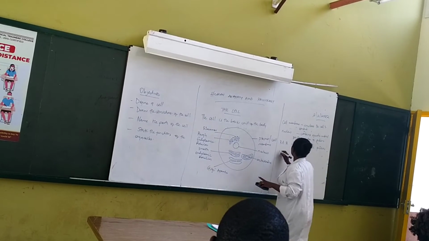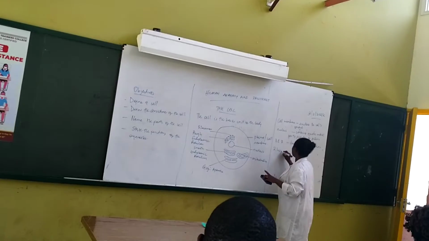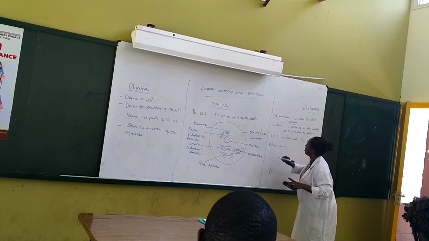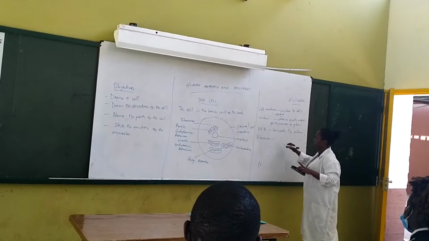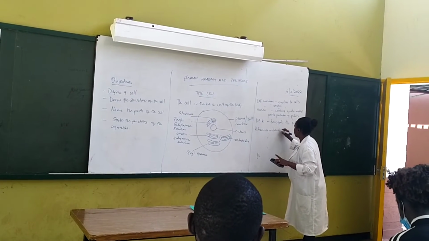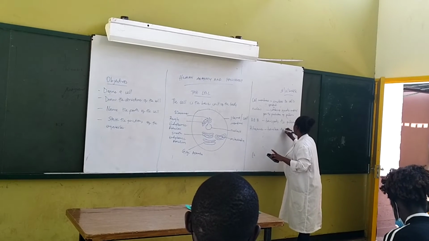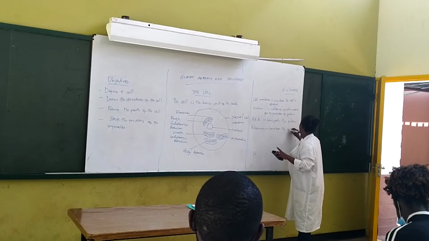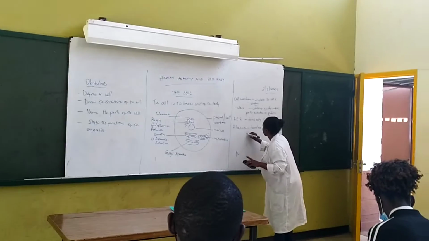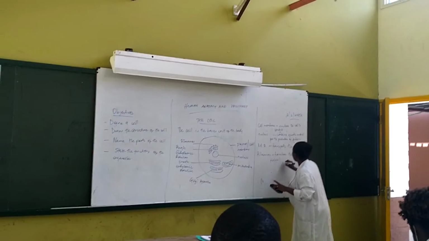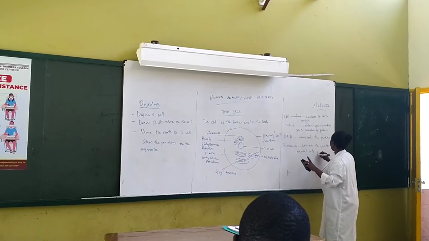Then the ribosomes are the ones that translate the genetic material into protein.